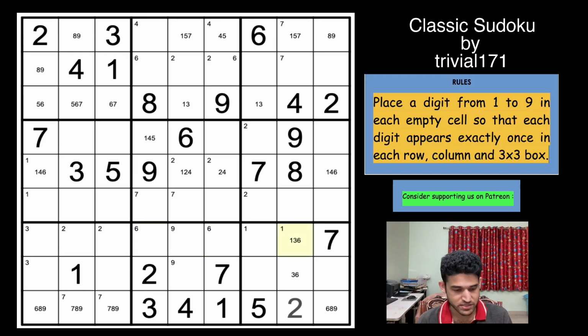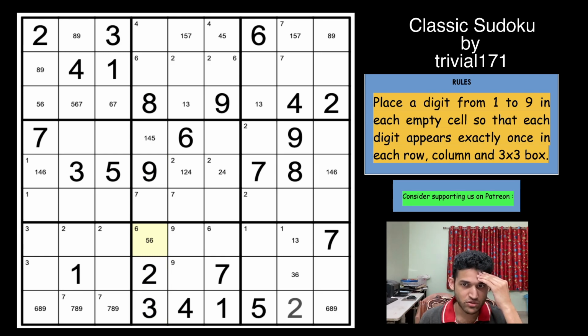Which means this is not a 6, so that's 1 and 3. Hopefully this is getting us somewhere. And look at this cell. This has to be 5 or 6. It cannot be 1, 4, 7, 2 and 3 and 8, 9. So this is 5 and 6.